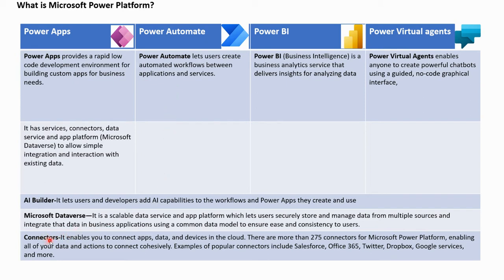Then you have connectors, which enable data sources to connect with Power Apps or Power BI. There are more than 275 connectors in this Power Platform. Some examples are the Salesforce connector, Office 365, Twitter, or the Slack connector. Some of them are free connectors and some of them are premium connectors. So this is all about what the Power Platform is at a very high level, what its components are, and what the enablers are.